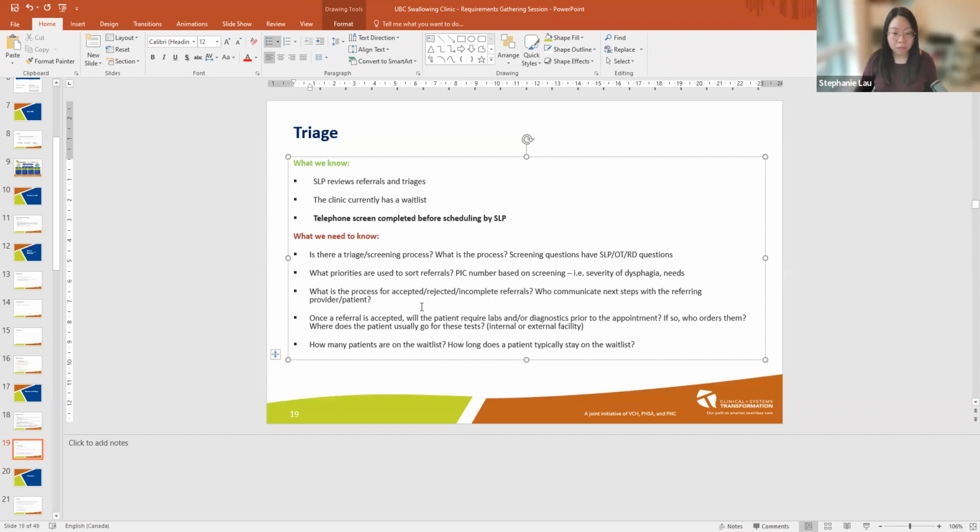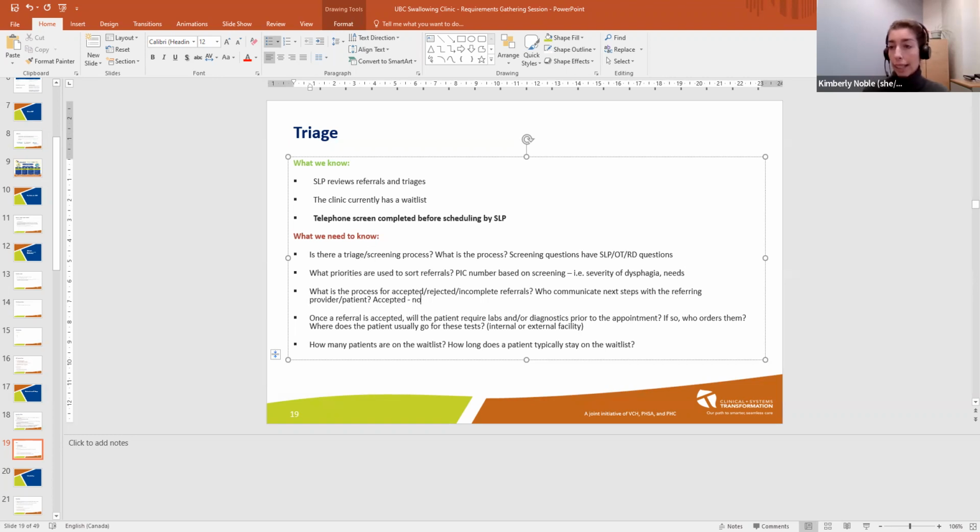So we mentioned if there are incomplete referrals, Cheryl will fax them back over to the referring physician or whoever was referring to obtain as much information. What about when a referral is accepted? Do you provide any communication with the referring provider? Not typically. Usually they would only hear back from us if it was not accepted.